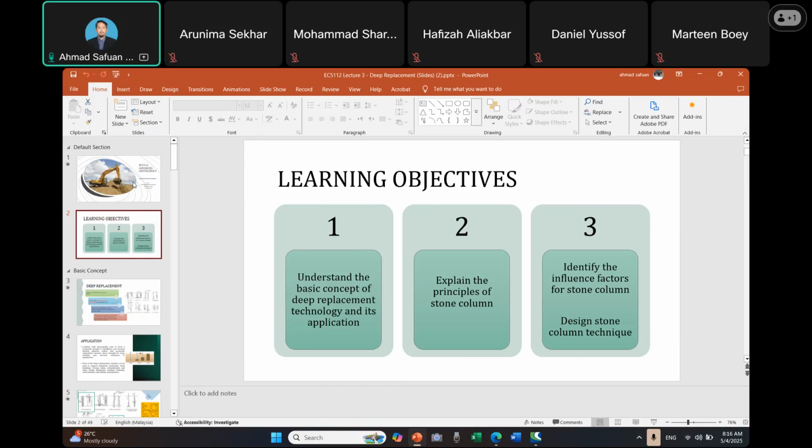For the stone column, you need to pay full attention to the design related to settlement. Don't worry, during your final you will be provided with the equation. However, you need to know the procedure or the steps to design your stone column, for example.